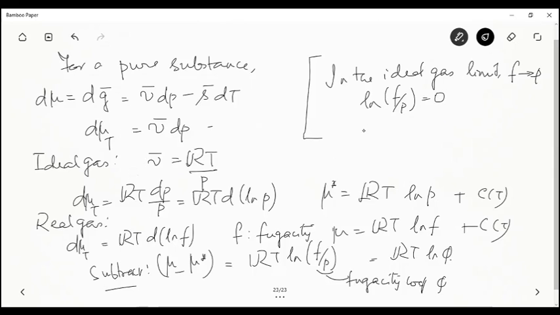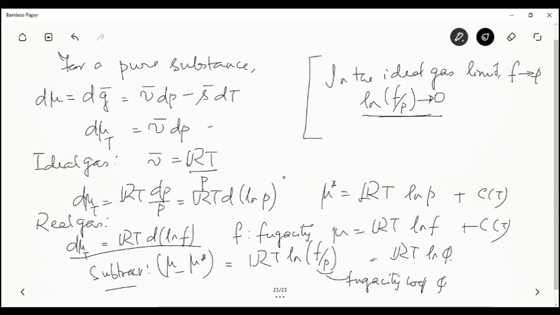So instead of equal to, we write it as tends to. Basically, d mu T equals RT d log f as the definition of fugacity, with the limit that in the ideal gas limit, log of f by P tends to 0, together form the unique definition of the variable called fugacity. Okay, so this is the expression that we have.